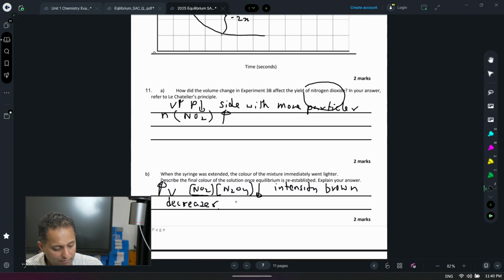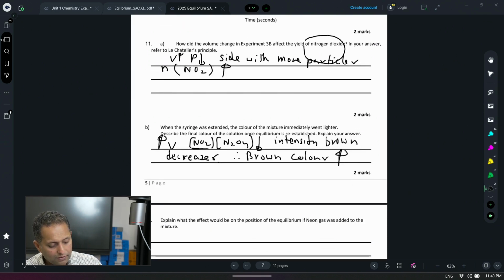Then the intensity of the brown color will increase again, because the system is now favoring the forward reaction.